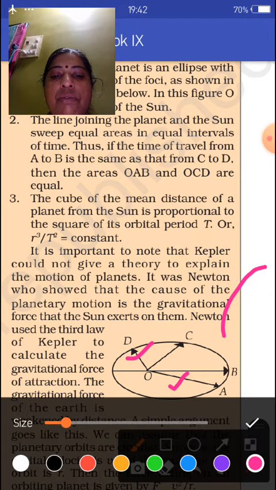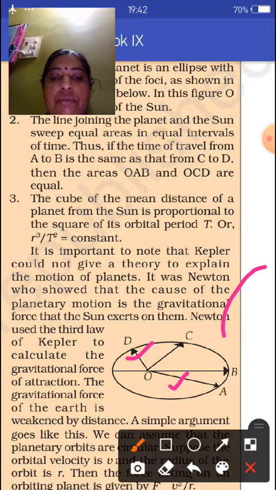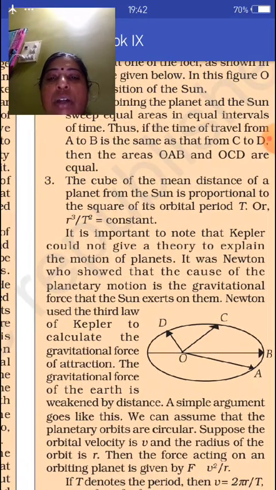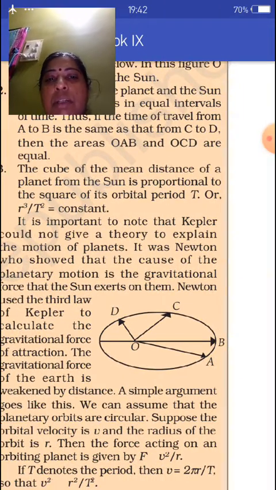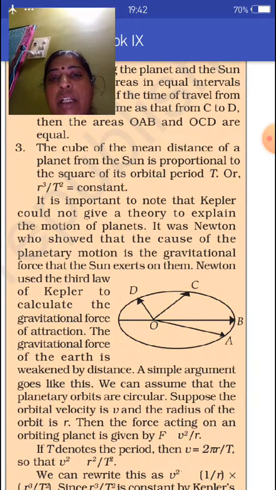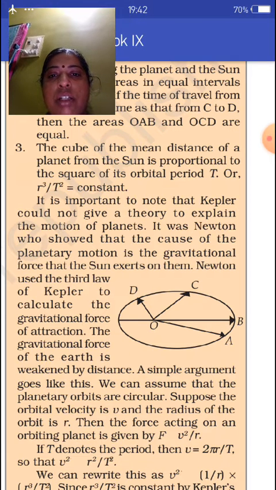Then third law: the cube of the mean distance of a planet from the sun is proportional to the square of its orbital period T, or r cube upon T square is equal to constant.